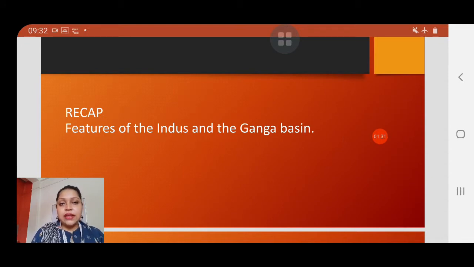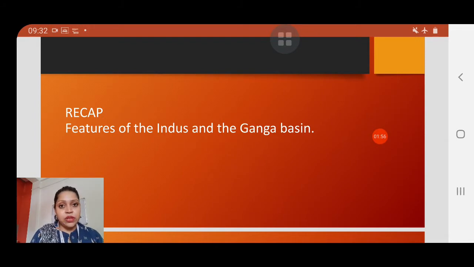In the Indus Basin, Punjab is there, which is also known as the granary or bread basket of India. On the Sutlej River, which dam was built? It is the Bhakra Dam. I have shown you a picture. A huge dam it is, and it's used for growing crops and for producing electricity.